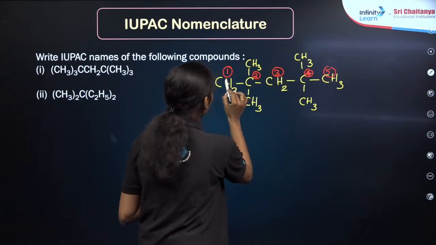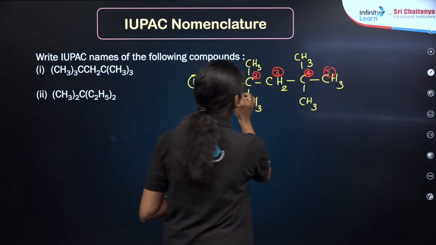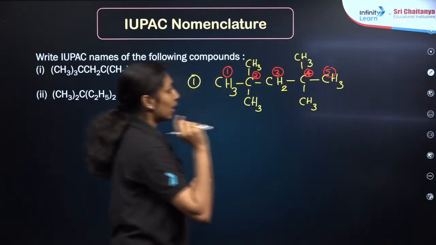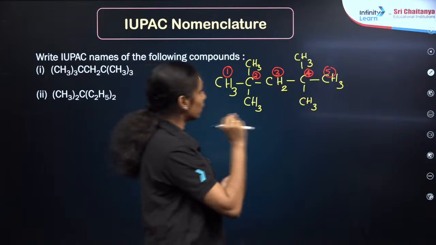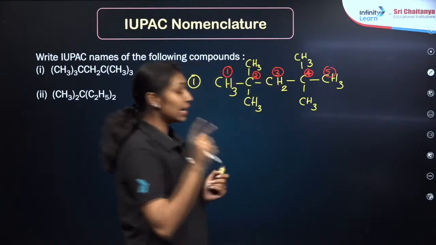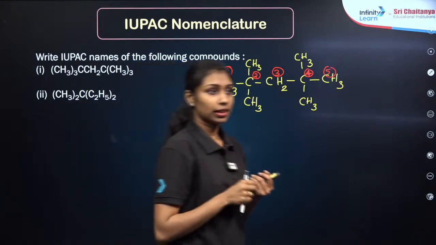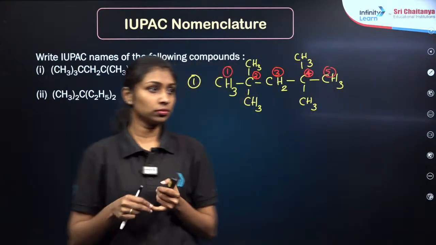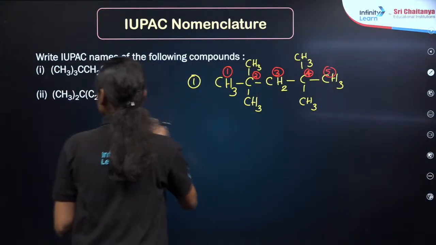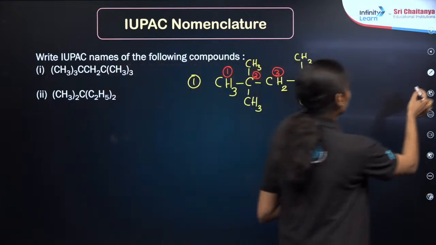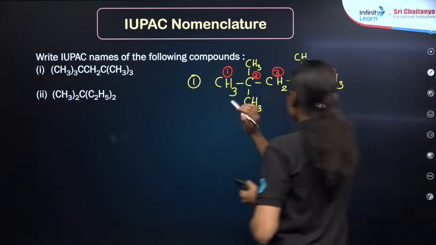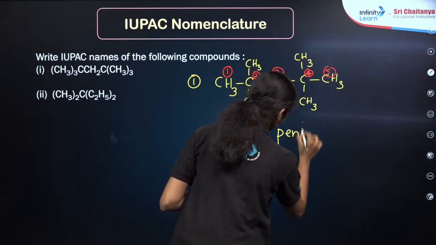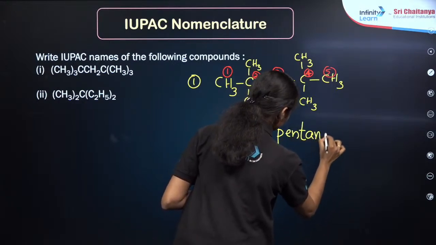Then if I am trying from here, 1, 2, 3, 4, 5, however you are numbering the particular compound, you will get a 5-carbon chain. So we can call this compound a pentane, because it is an alkane group, right? So it will be a pentane.